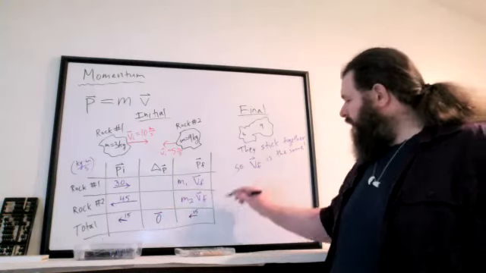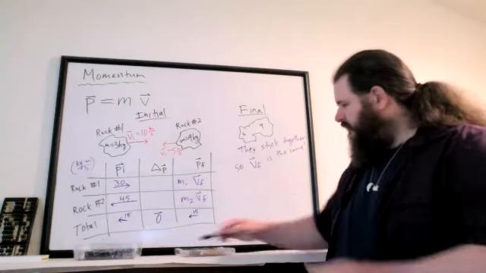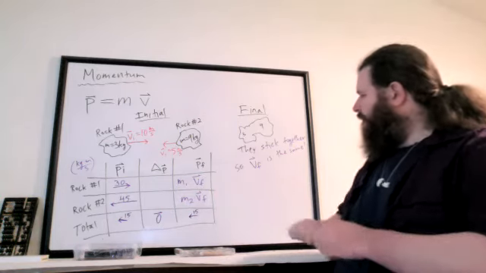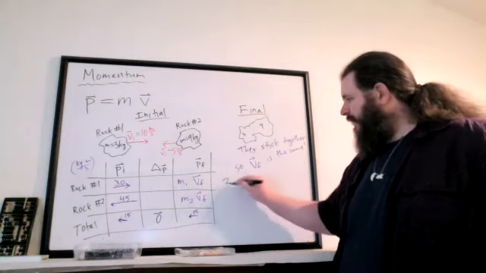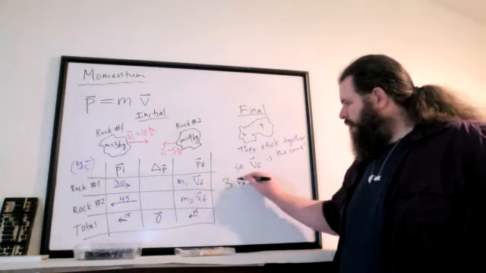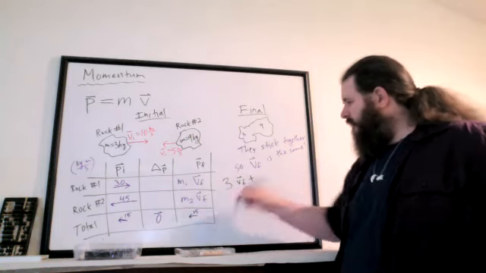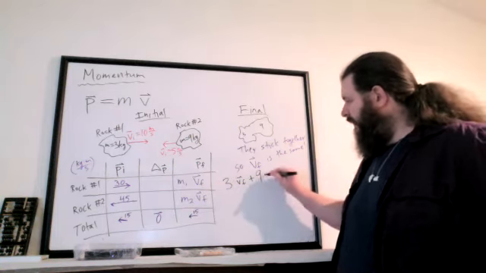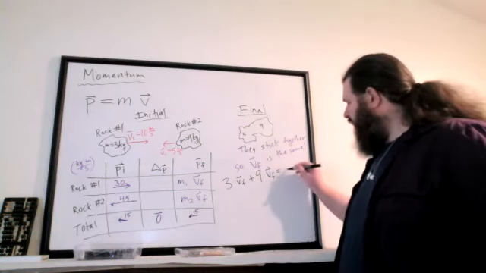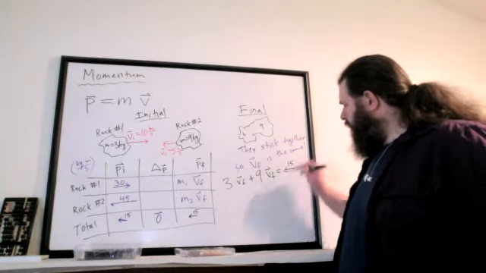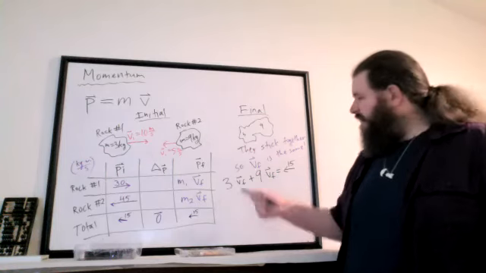So if we actually write that out as an equation, M1 times V final, and we know M1 is 3 kilograms, plus M2 times V final, which is 9 kilograms times V final, and those have to add up to 15 to the left. We can actually combine these.